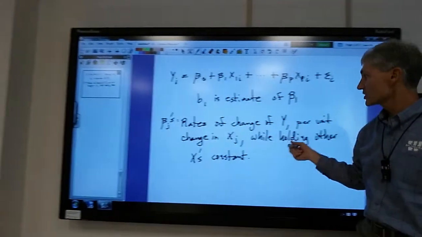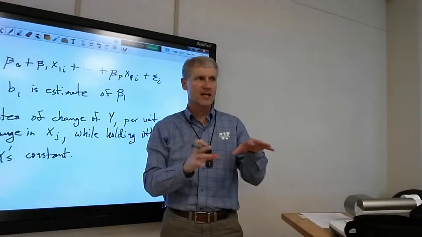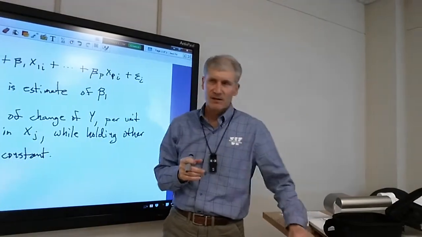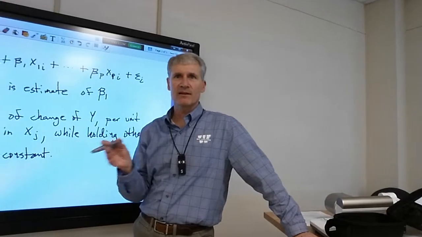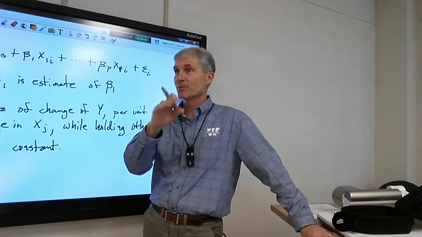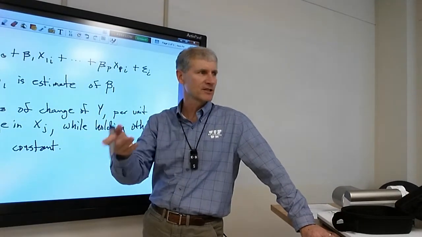So when you say per unit change in xj, the example we're going to do here in a minute had the variables: high school math, high school science, high school English, and then SAT.